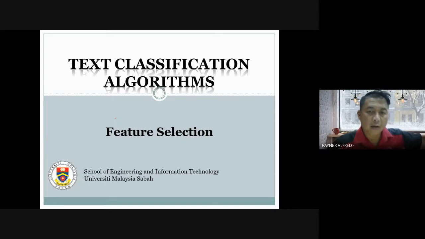the last part of the session for today is called feature selection. If you remember, in lecture 3 or 4, all the documents that we try to compare with the query, we are looking at the features that we have, the content of the document.